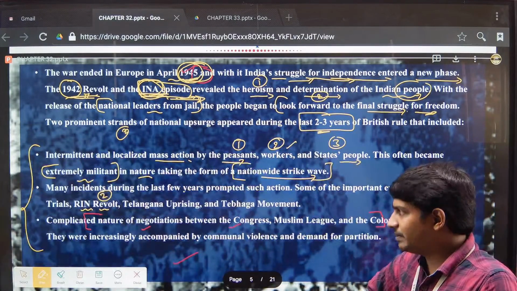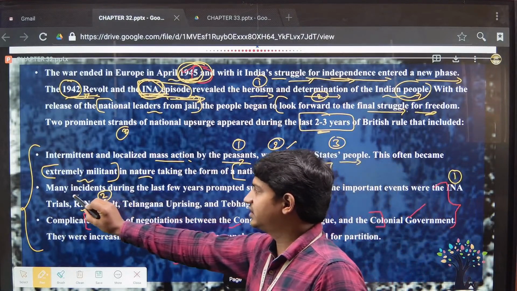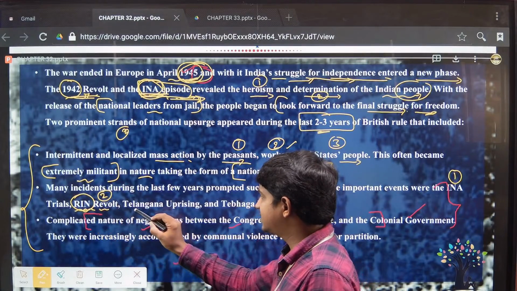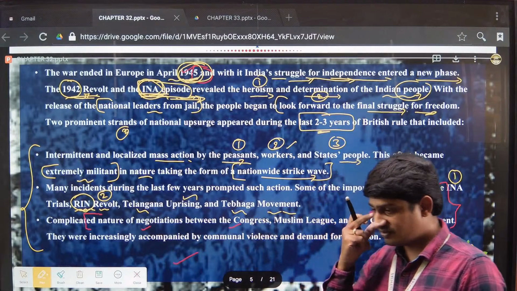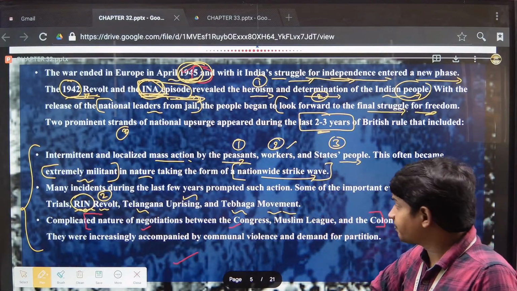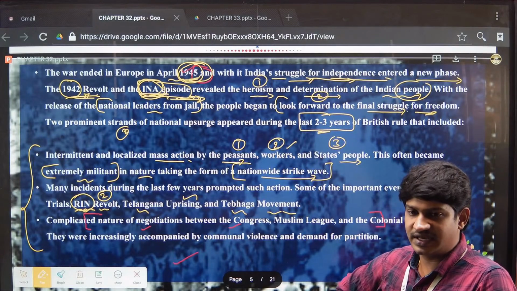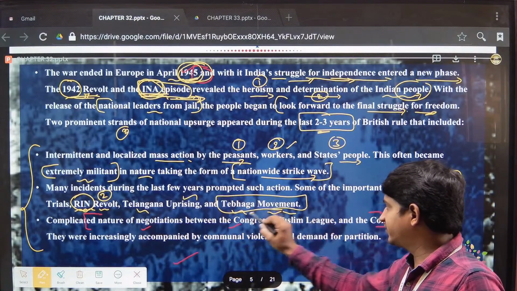What happened is, the officers and the persons in the Royal Indian Navy were treated in a very bad manner. Next is the Telangana uprising. Next is the Tebhaga movement, which we will see in the upcoming topics. The Tebhaga movement and the Telangana movement were against the landlords, or against the high payment of rent.